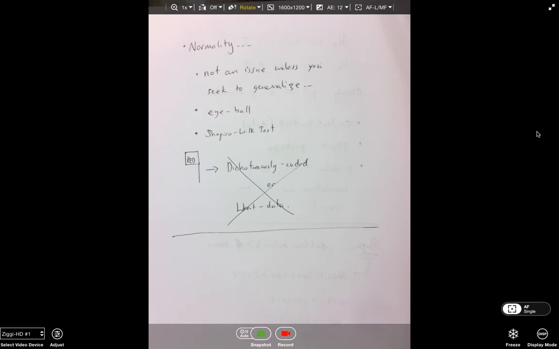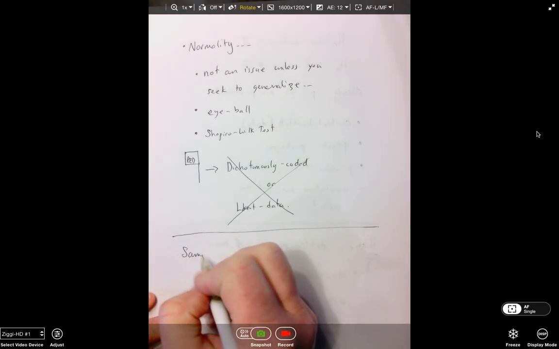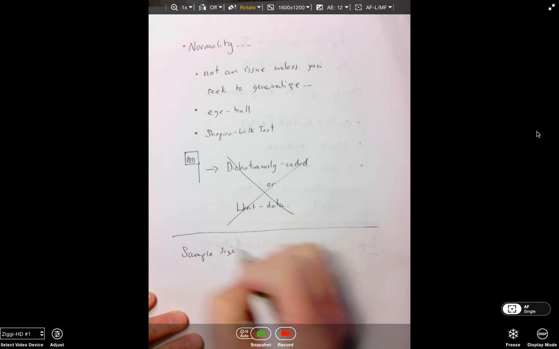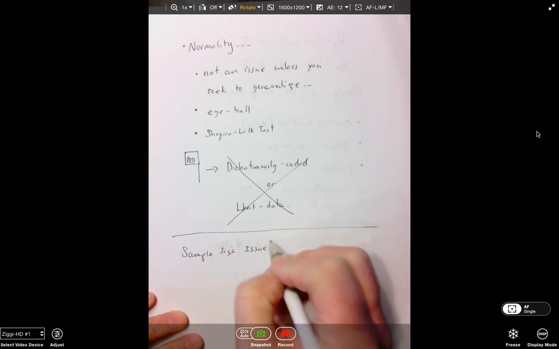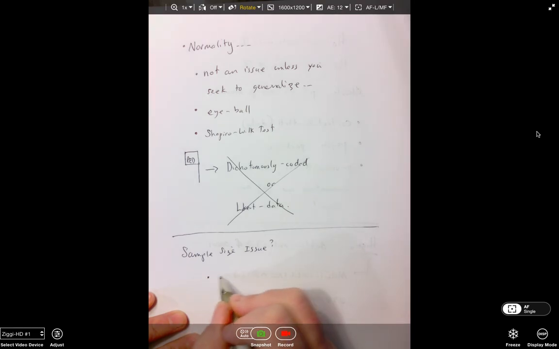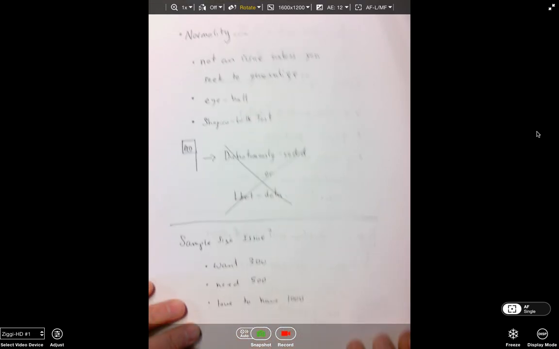Guys, I think we're ready to get into some cool stuff. One more thing, sample size issue. I think we want 300. I think we need 500. And we'd love to have 1,000.